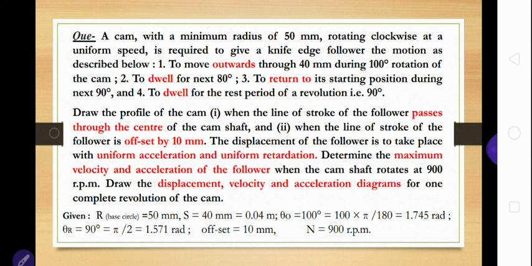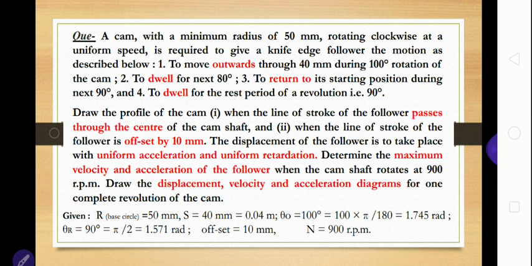Secondly, to dwell for the next 80 degree. Third, to return to its starting position during the next 90 degree, that means theta R equals 90 degree. Fourth, to dwell for the rest of the revolution, that is 90 degree, the second dwell.